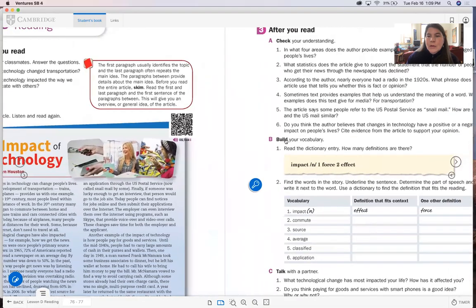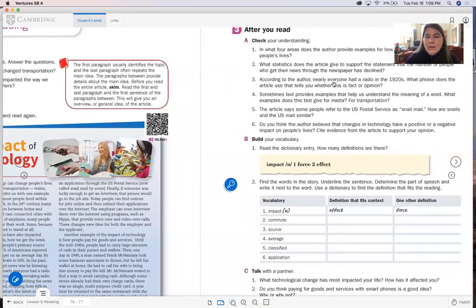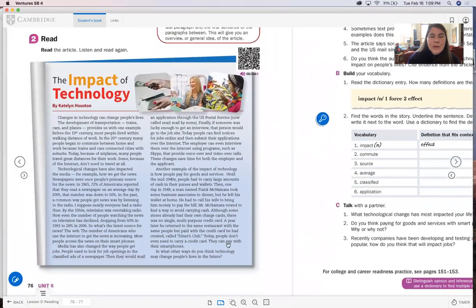Number 3, according to the author, nearly everyone had a radio in the 1920s. What phrase does the article use that tells you whether this is fact or opinion? Talking about people having radios.